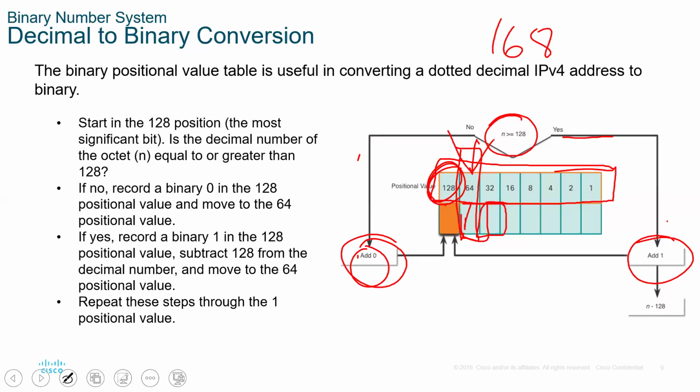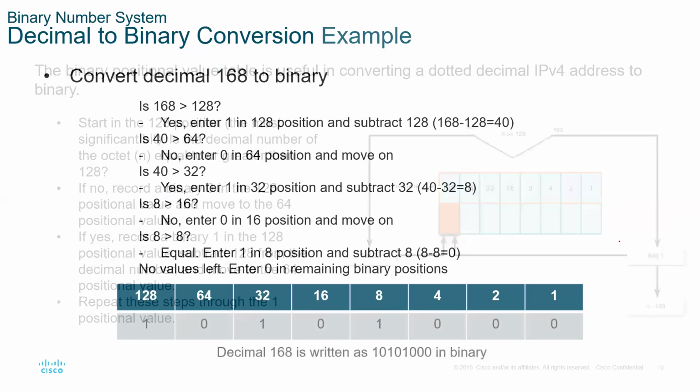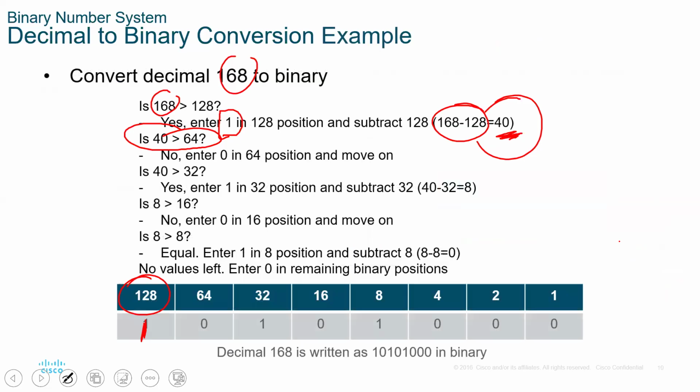If the answer is yes, we will record 1, but the answer is no, so we will record 0. So record 0 in the 64 position and move on to the next. So I will record 0 here. Then I will move on. Is 40 greater than 32? Because the answer is no, I'm not going to do any subtraction.